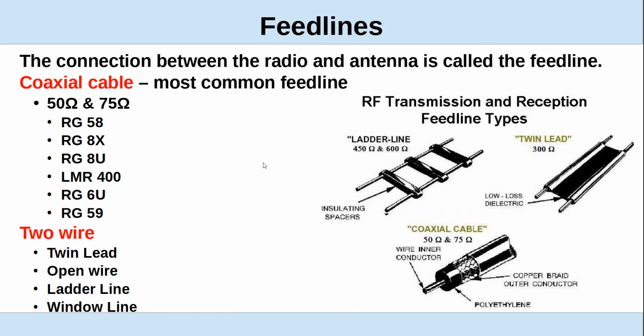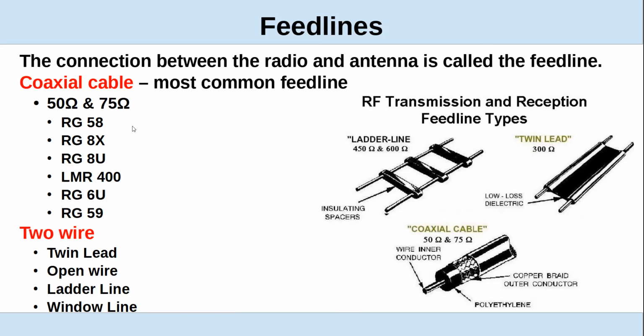Occasionally, you might see that used as a matching transformer to an antenna, where you can do some magic quarter wave stuff and it matches. Most of the coax that's going to be used, like in your shack, is going to be RG58 or 8X, which are like 1/4-inch diameter.